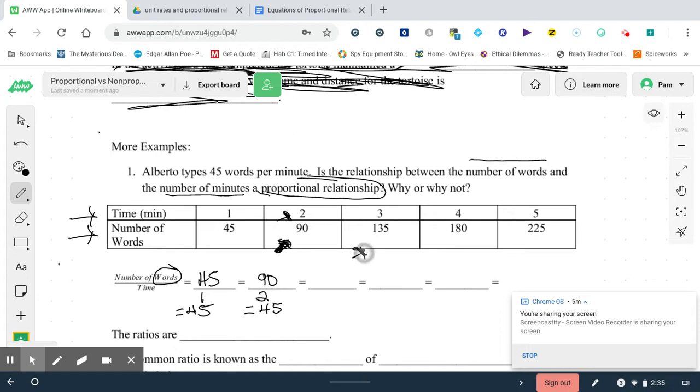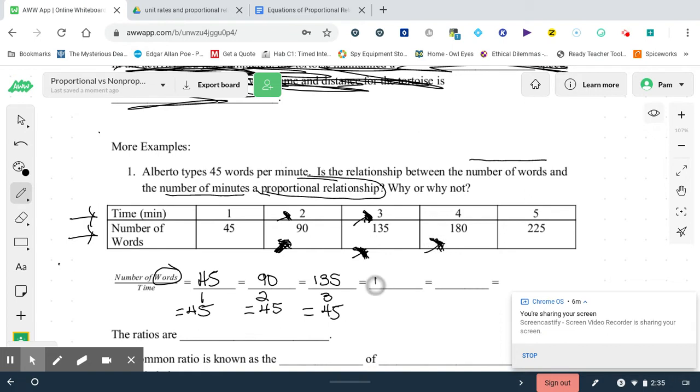Okay, now I'm going to look at this column. So someone can type 135 words in 3 minutes. If they type 135 words in 3 minutes, that's also equivalent to 45 words per minute. Now look at this one.